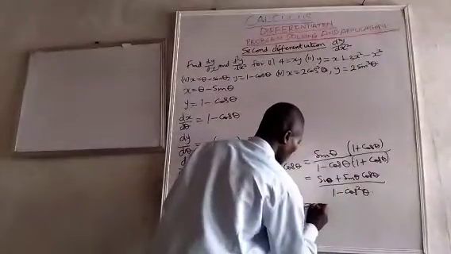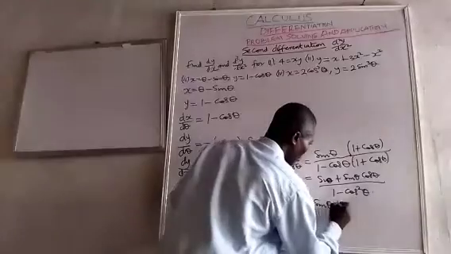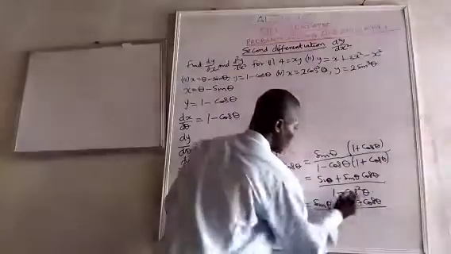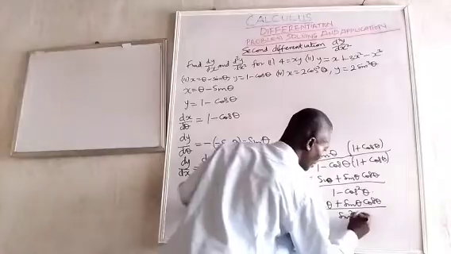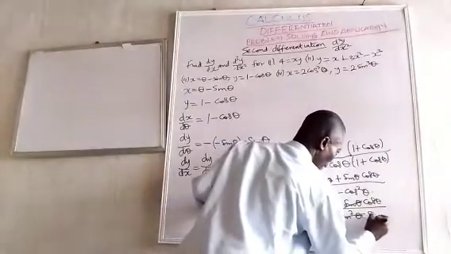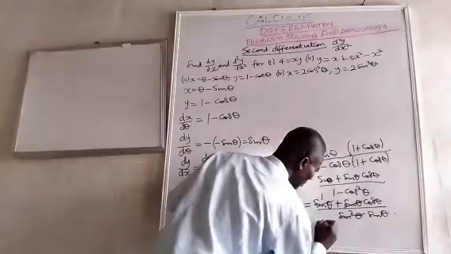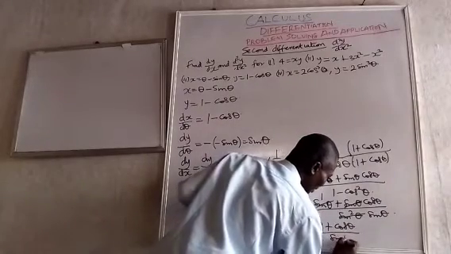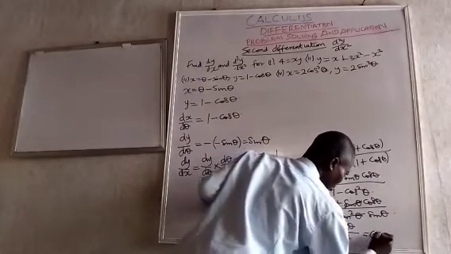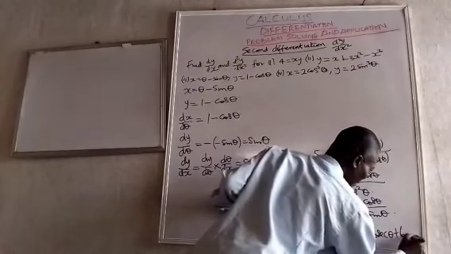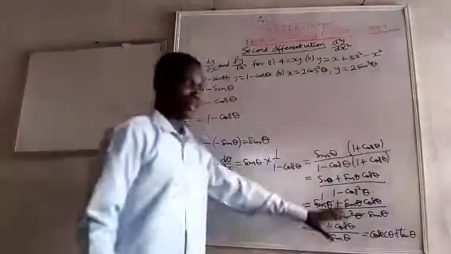It gives me sine theta plus sine theta cos theta over sine squared theta. So this one is giving me 1 plus cos theta over sine theta. I can even say cosec theta plus cot theta.